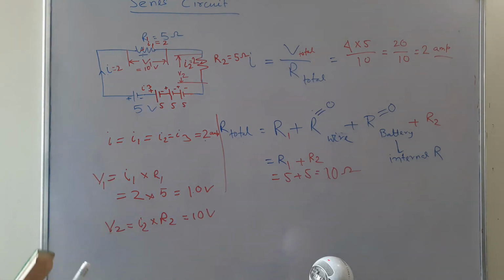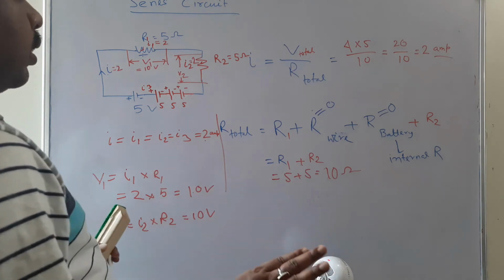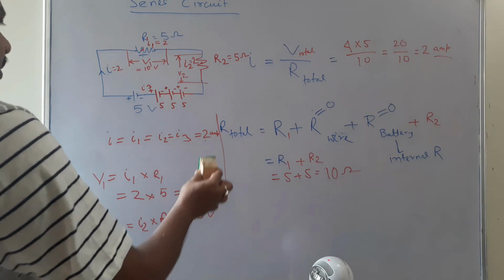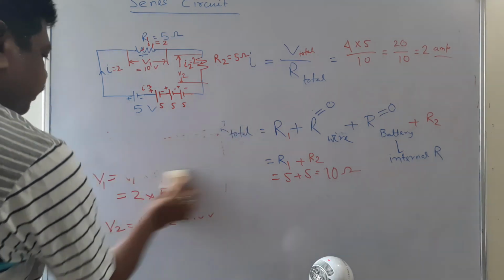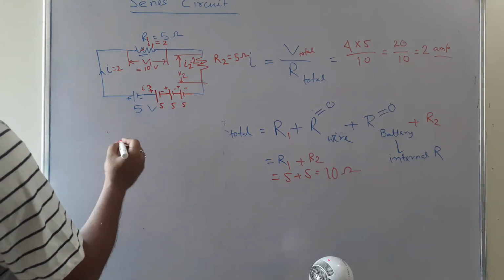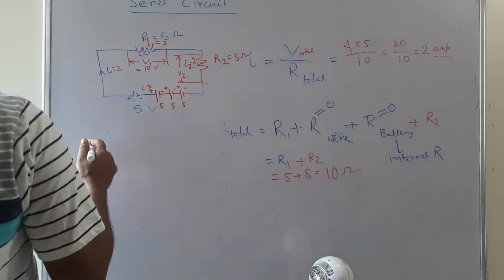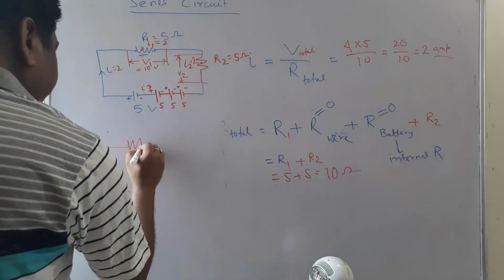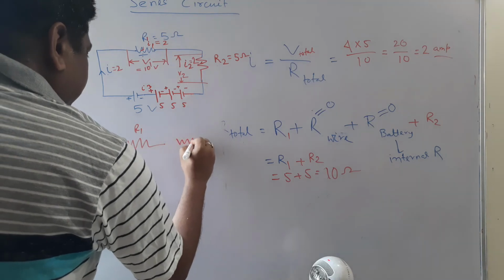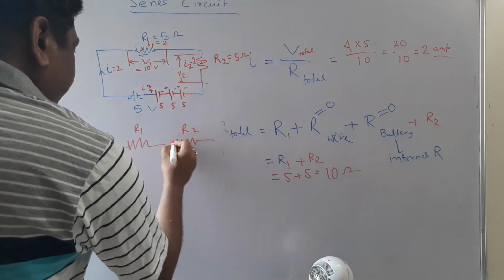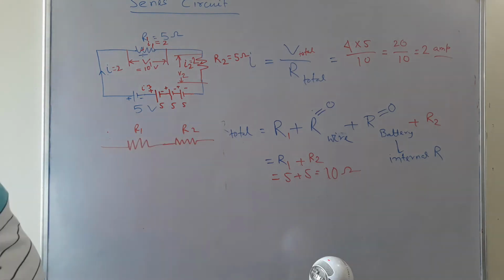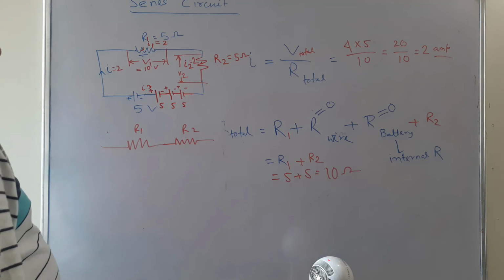Okay, so now you understand series resistance. I am summarizing it again. Series resistance means series connections. What do you mean by series connections? There are two resistances, R1 and let's say R2, and you have connected these two resistances in this way. So this is called series resistance.